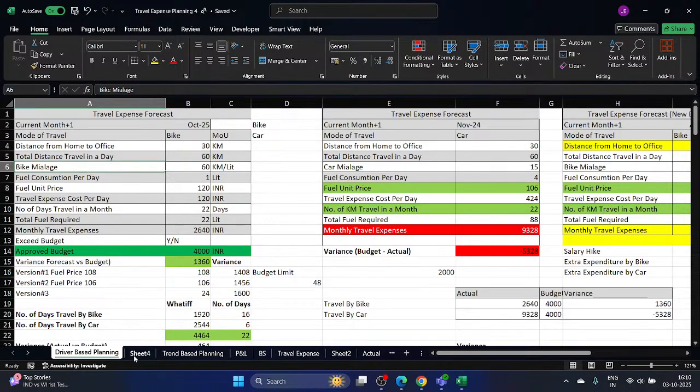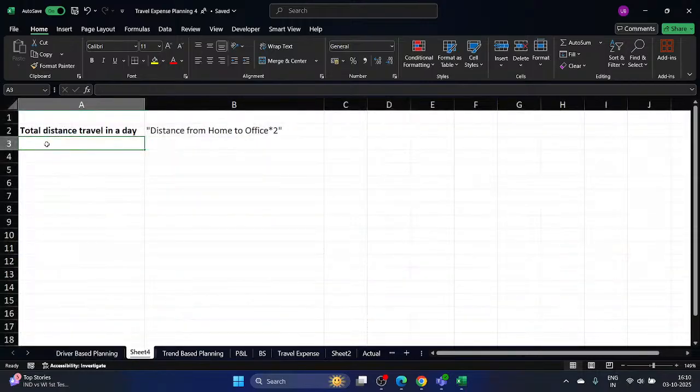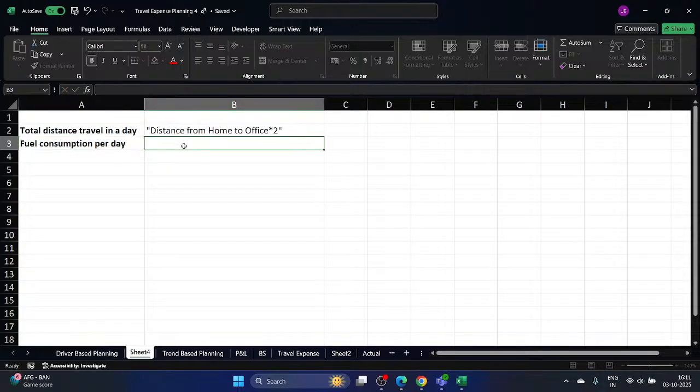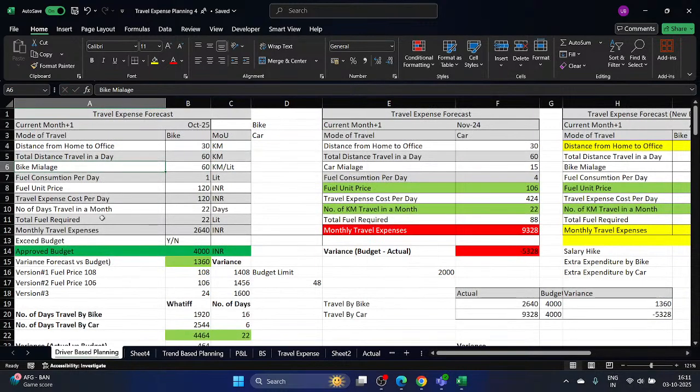So if we want to find the fuel consumption per day, which we have to find, for this we have to use two drivers, the bike mileage and the total distance.